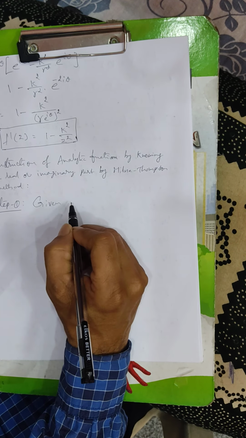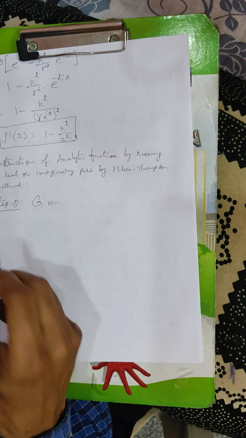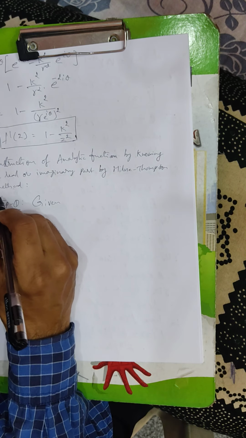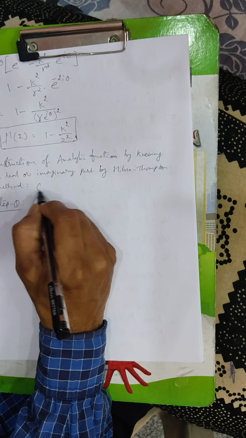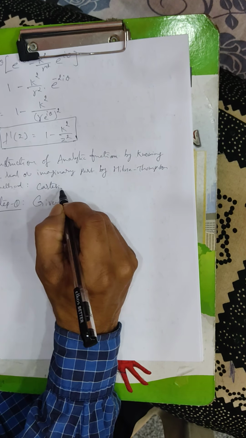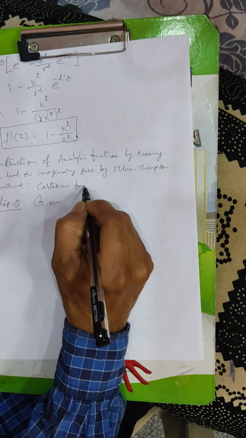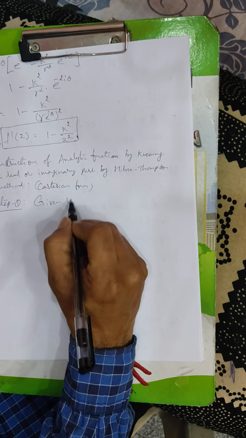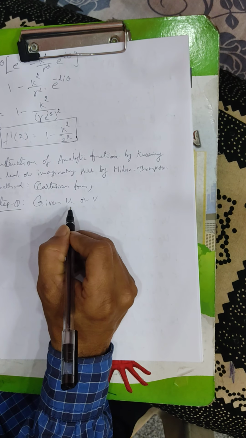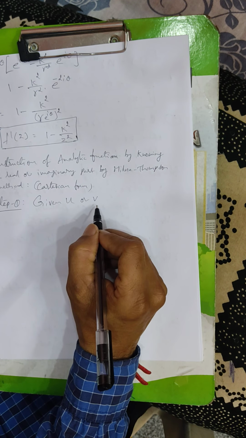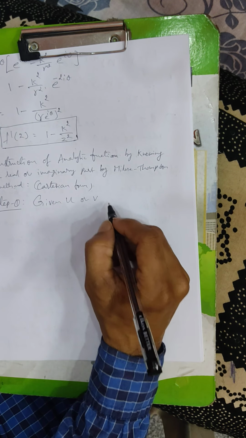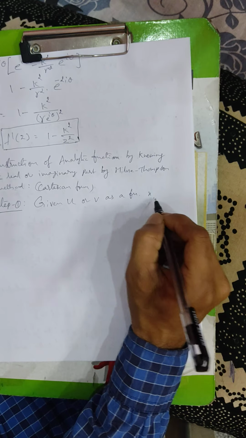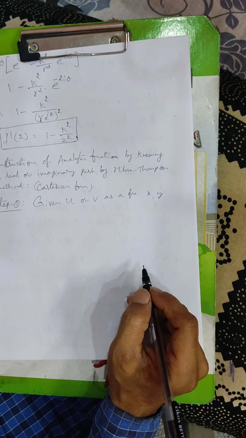Given, of course again we have both Cartesian and polar form. I'll write first the Cartesian form. Given u or v, either they'll give the real part u or the imaginary part v as functions of x comma y.